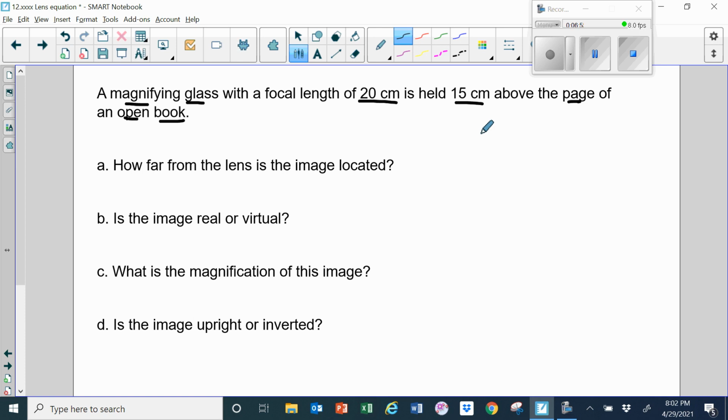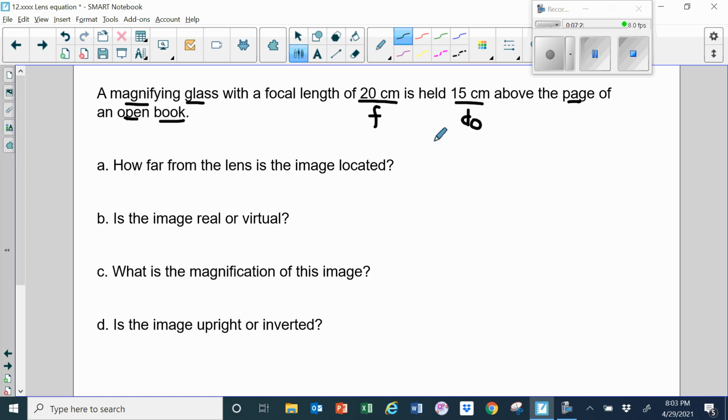Let's talk about what we have here. DO is 15 centimeters. The focal length F is 20 centimeters.